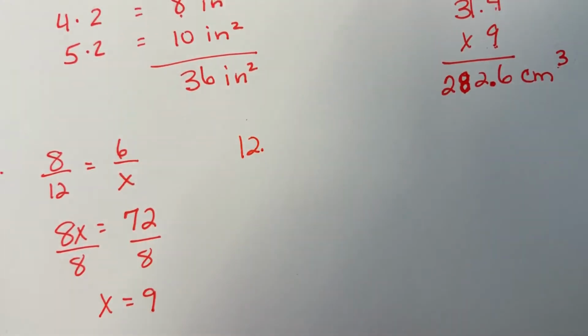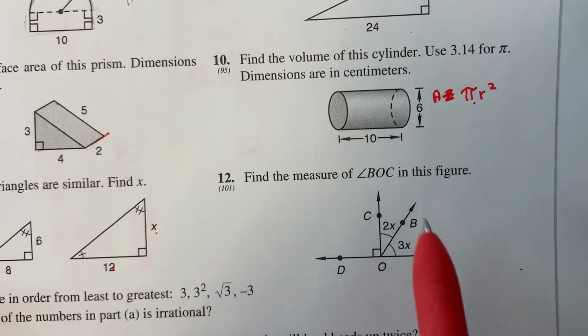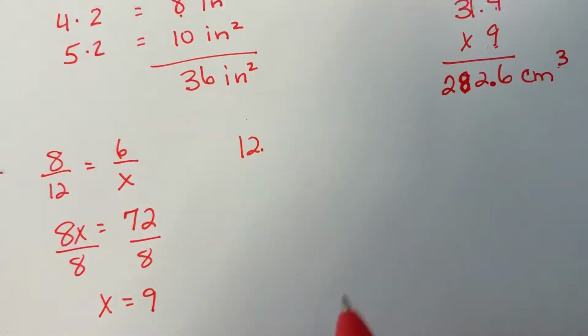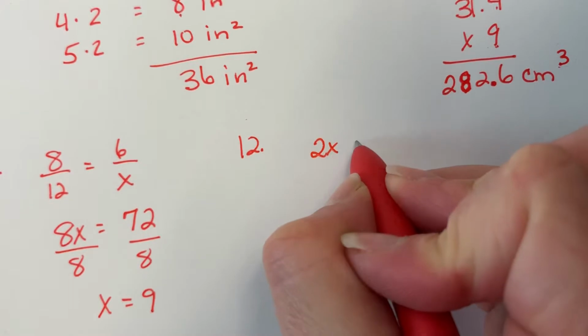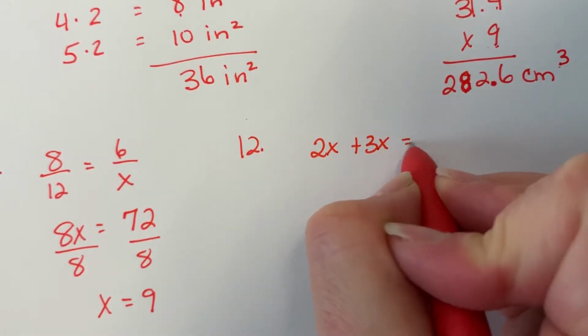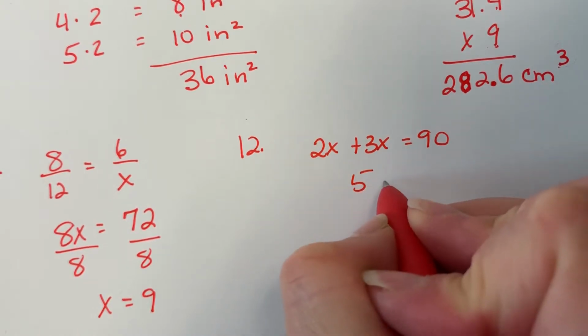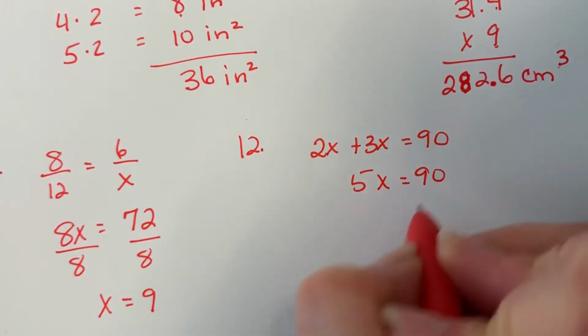Number 12 says find the measure of angle BOC in this figure. All right, so we can notice that AOC equals 90 degrees. BOC is 2x and AOB is 3x. So we have 2x plus 3x equals 90 degrees. So this is 5x equals 90 degrees.